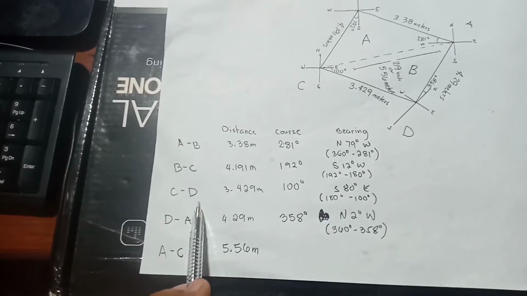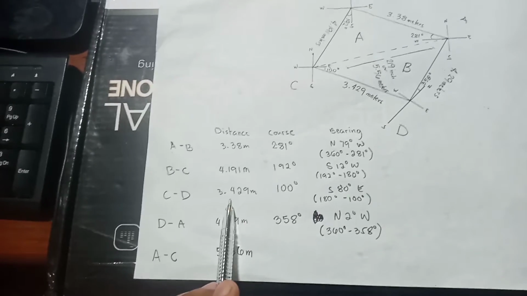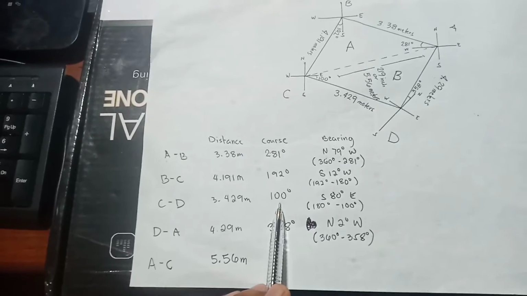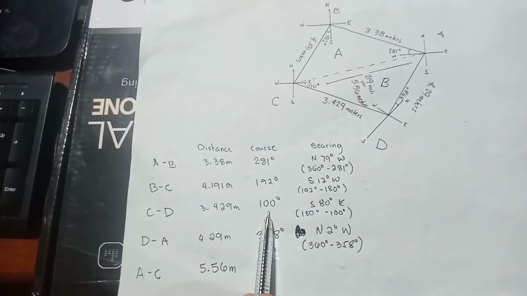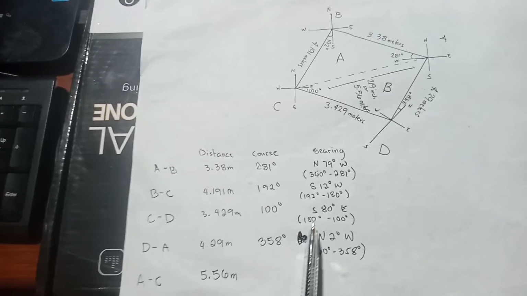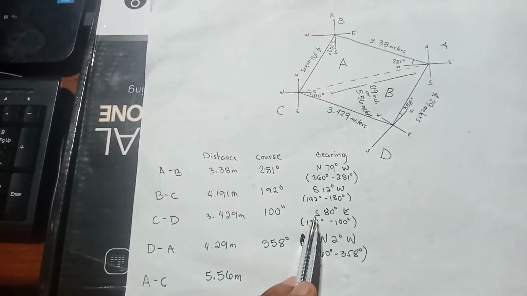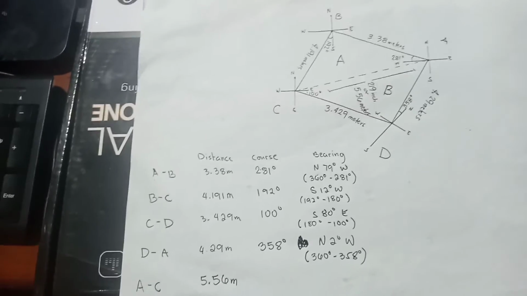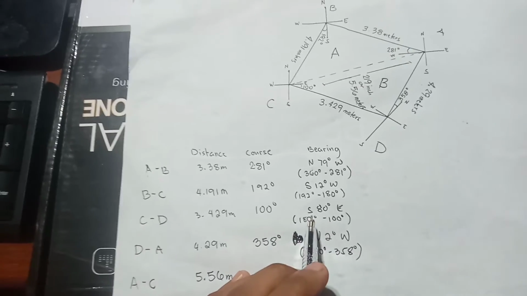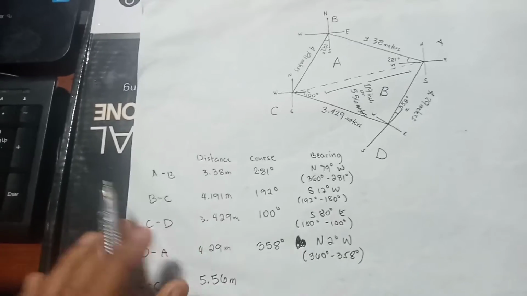In point C to D, we have a distance of 3.429 meters with a course of 100 degrees, and because it is in the second quadrant, I subtracted 100 degrees from 180 degrees with the result of 80 degrees south of east.